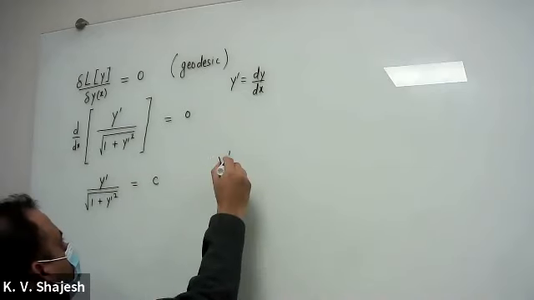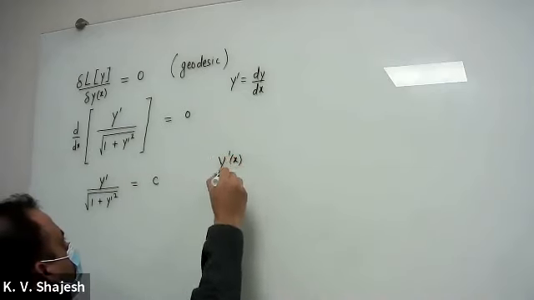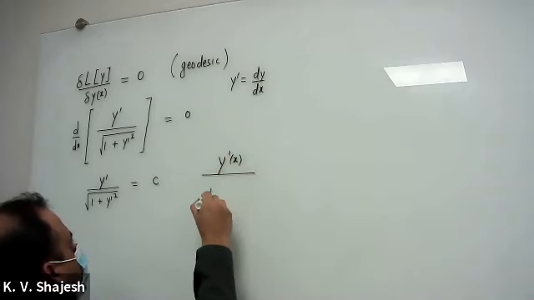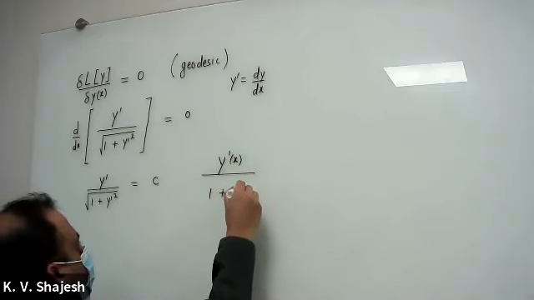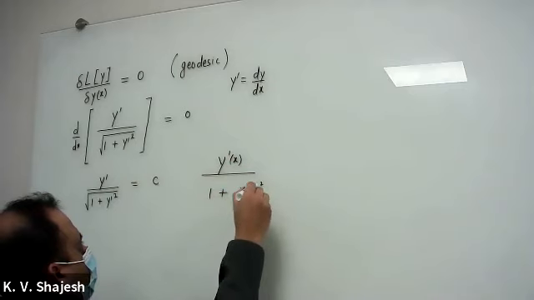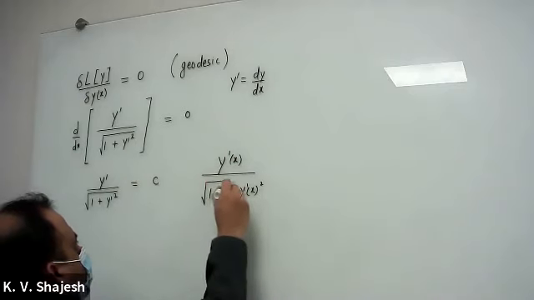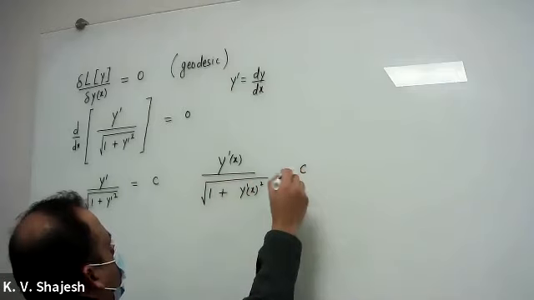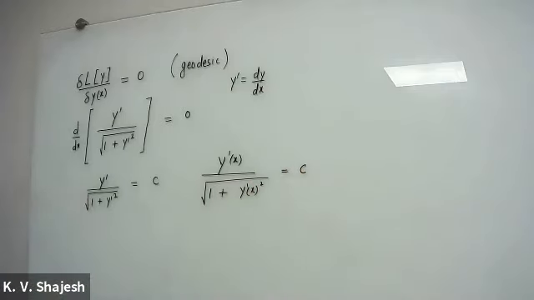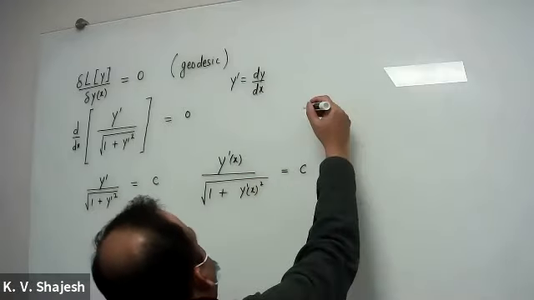Like y prime means derivative, right? With respect to x divided by 1 plus y prime of x squared, that's equal to C.